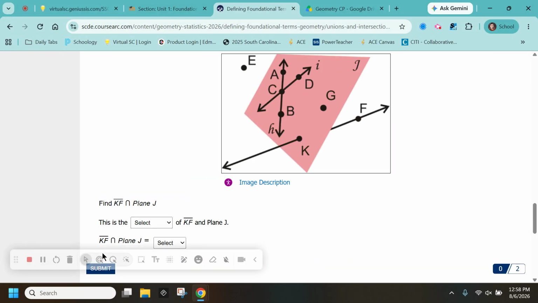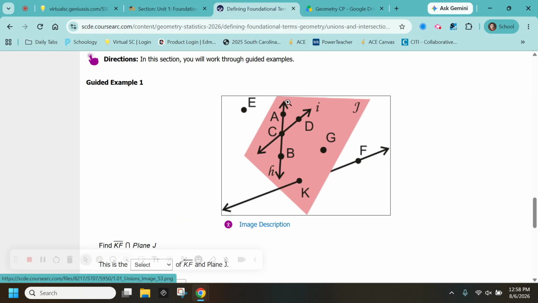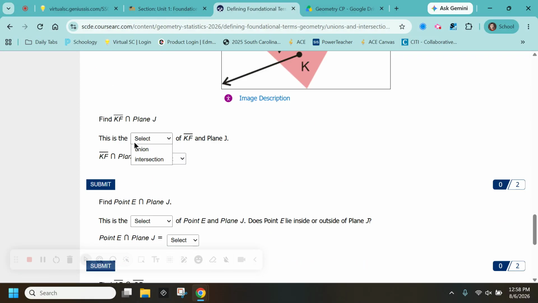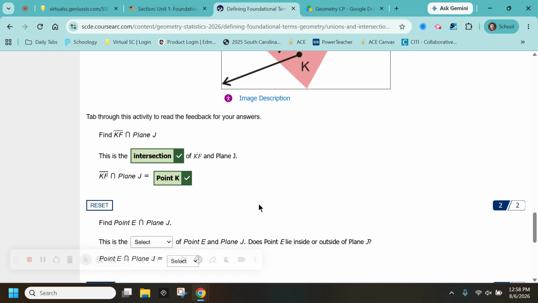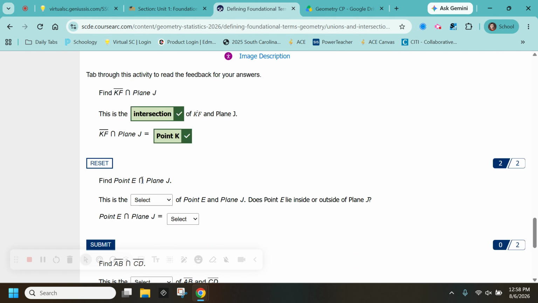So for guided example 1, find the intersection of segment KF and plane J. So we have plane J and segment KF, and they intersect at point K. Find the intersection of point E and plane J. Again, this is an intersection, so remember the upside down U, or looks like an N, is intersection.